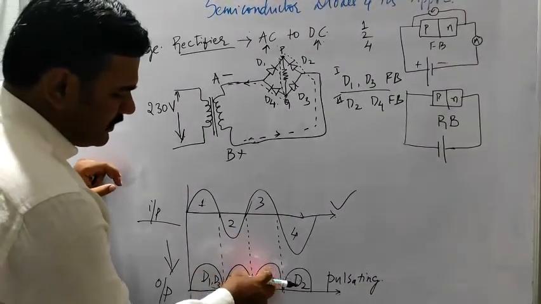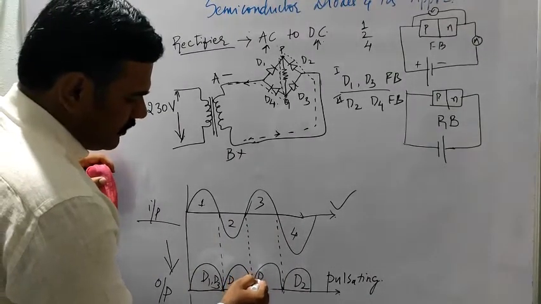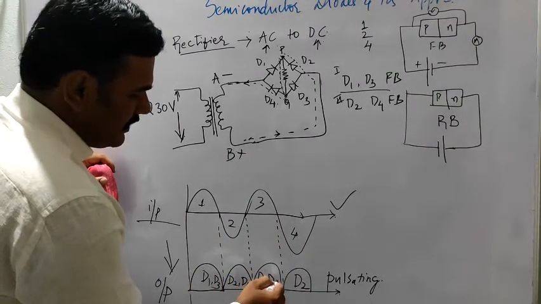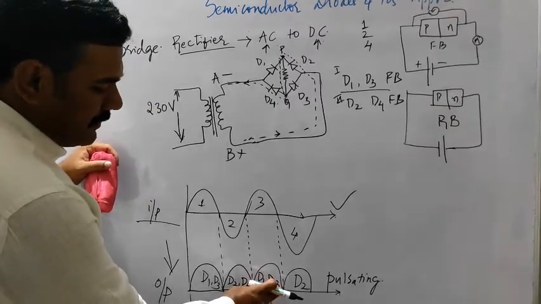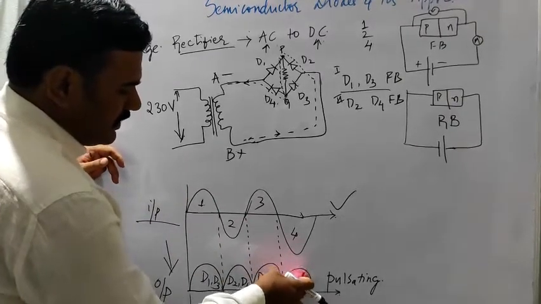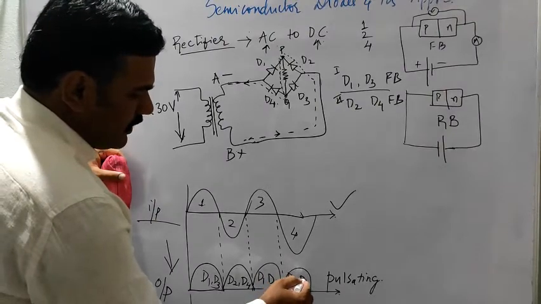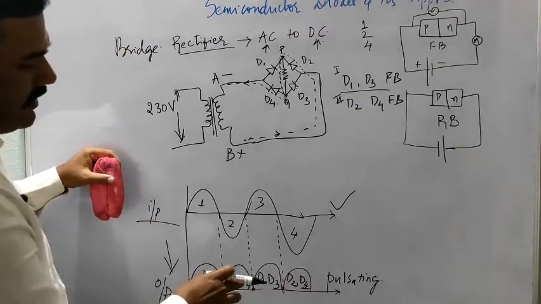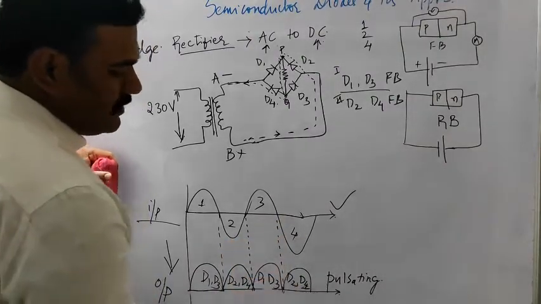Again, when the third half cycle comes across the secondary, due to the conduction of D1 and D3, we find the half cycle represented at the output. When the fourth half cycle comes, D2 and D4 conduct, and this half cycle is represented at the output.